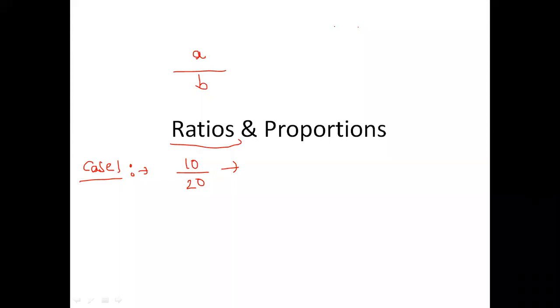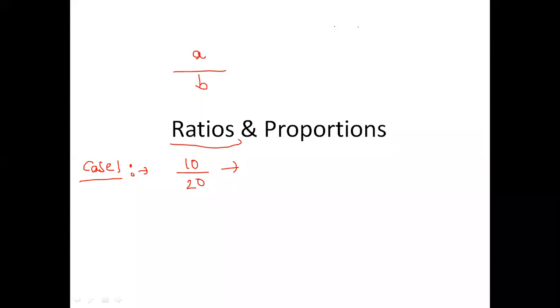Ahmad, 1 is to 2. Superb, Ahmad. So Santosh even simplified that and saying 0.5. Superb. Sachin 1 by 2, Manoj 1 by 2, Raksha 0.5, Anand 1 by 2, Sagar 10 by 20, that means 1 by 2.